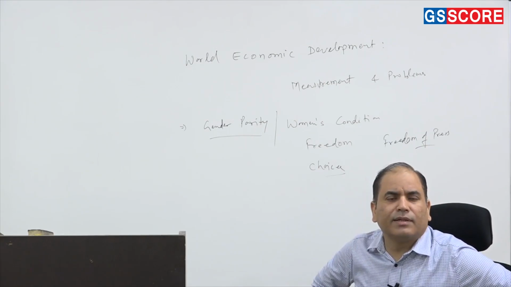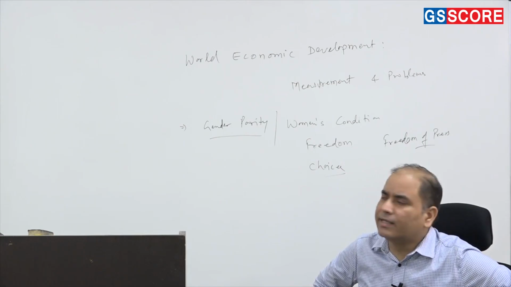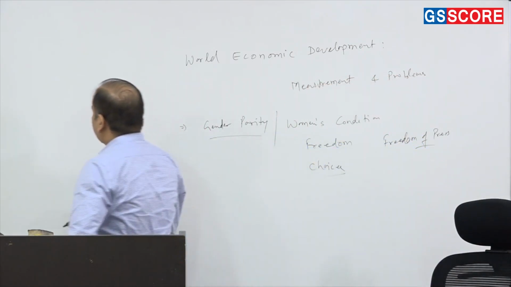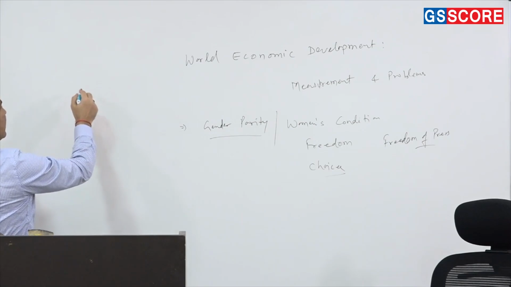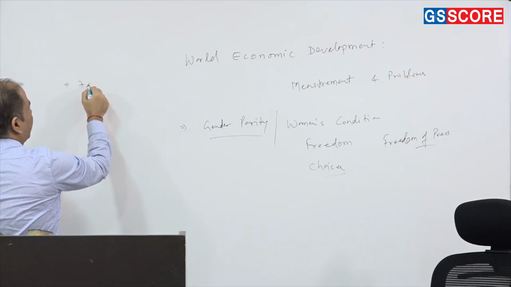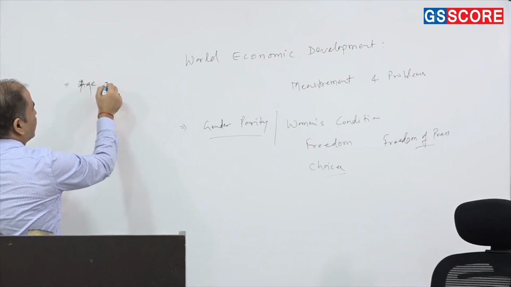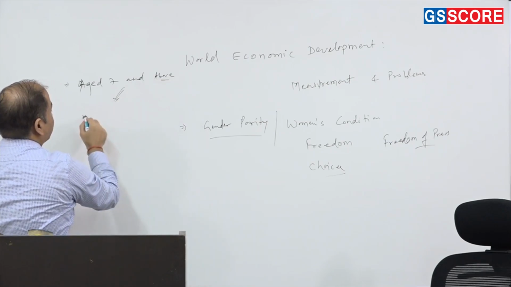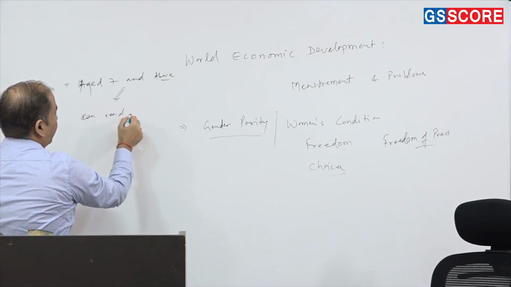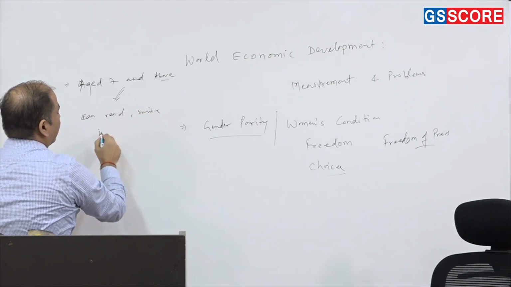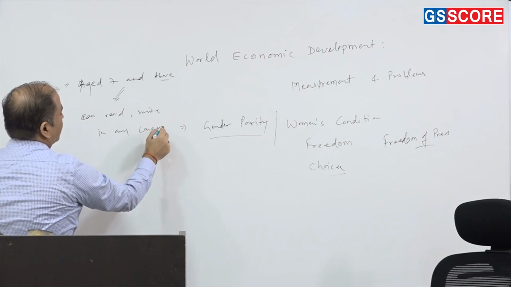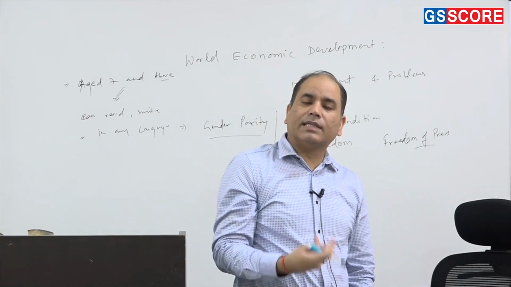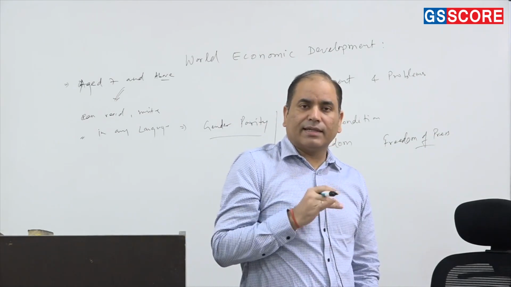Some Western economic geographers always criticize our case of literacy. What is literacy? As per our census, our approach is to include people aged 7 and above. If they can read and write in any language, they will be considered literate.